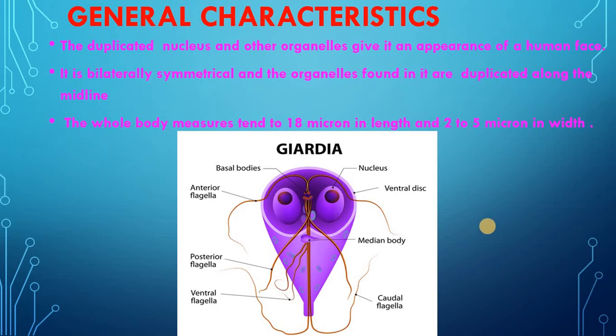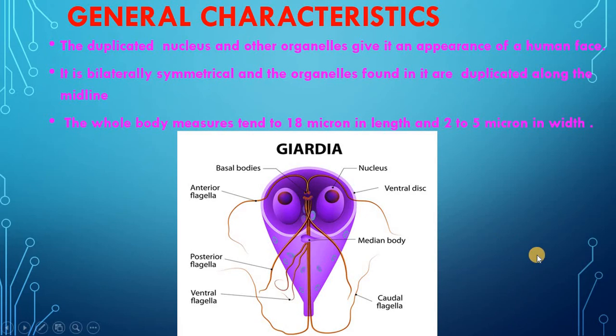The other things will be discussed with the help of the picture. It is bilaterally symmetrical, and the organelles are duplicated along the midline. This is the midline. It has 8 flagella, 4 on each lateral half of the body.